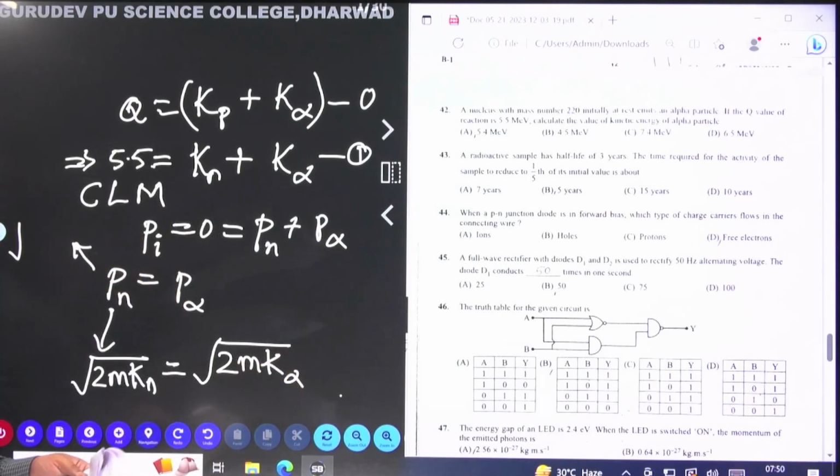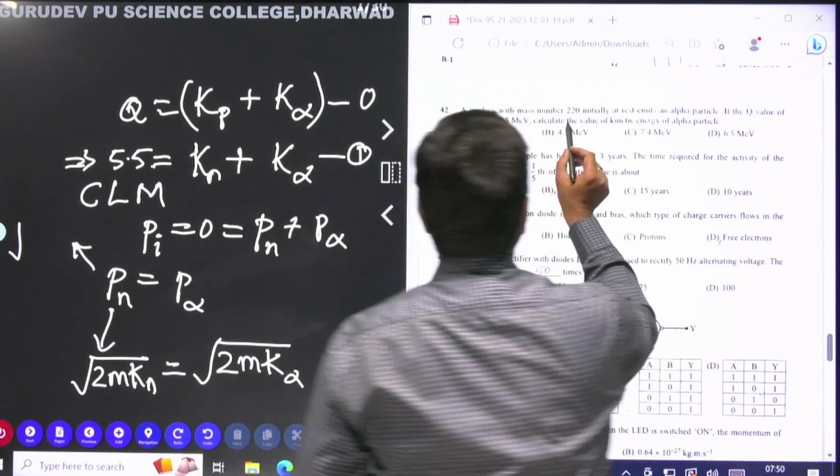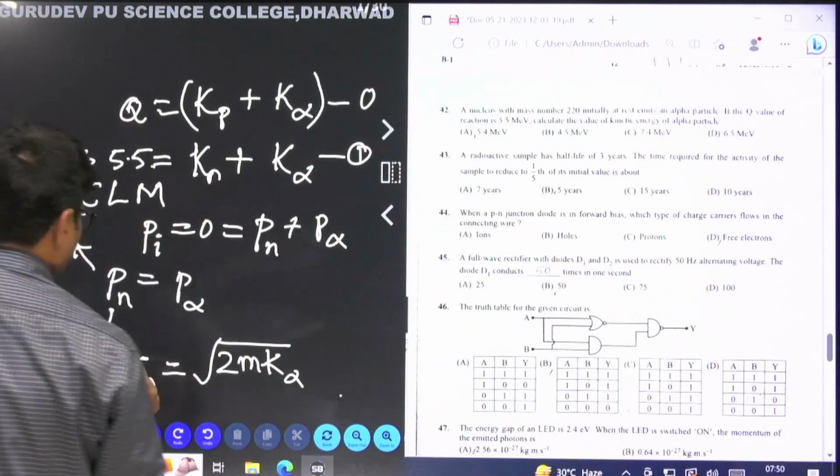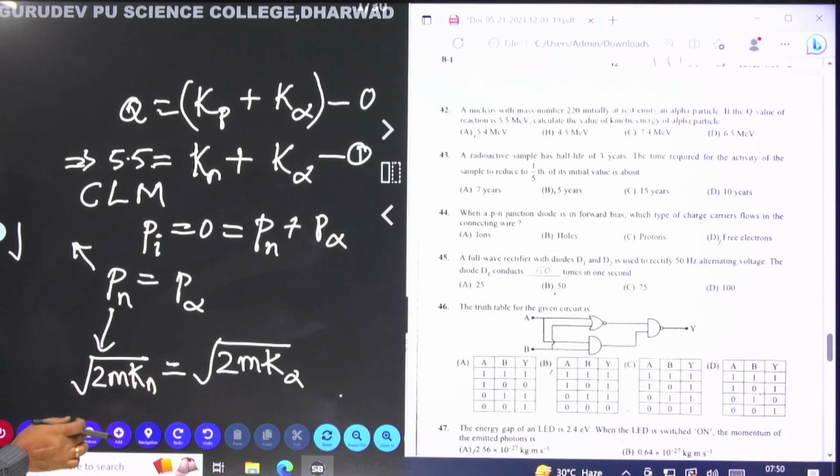We can mention like this. Accordingly, as you can notice, they have given the initial mass number as 220. I hope you have understood this.